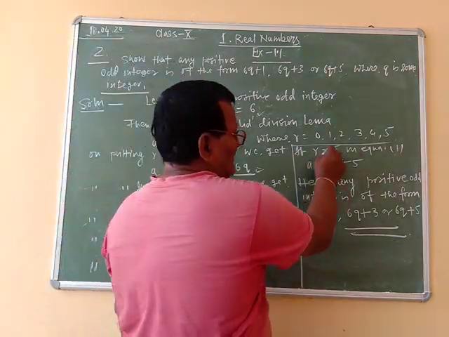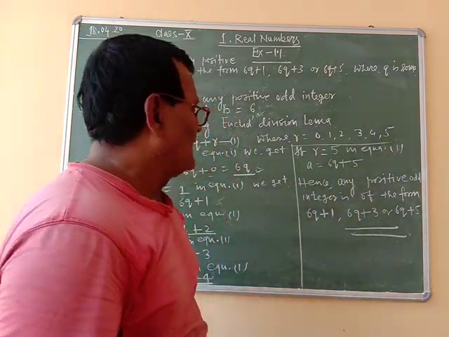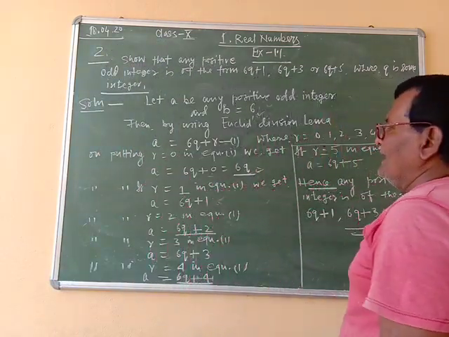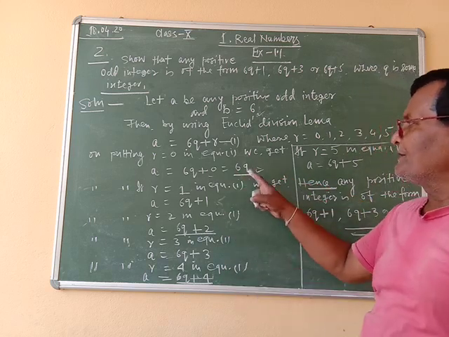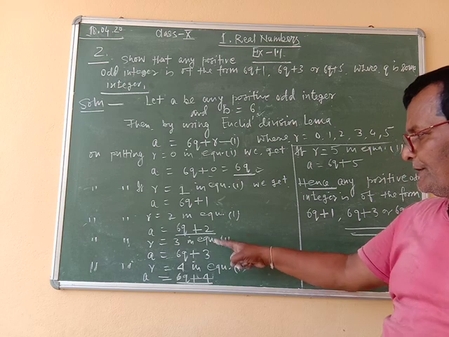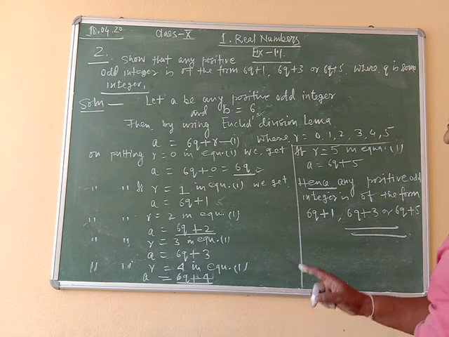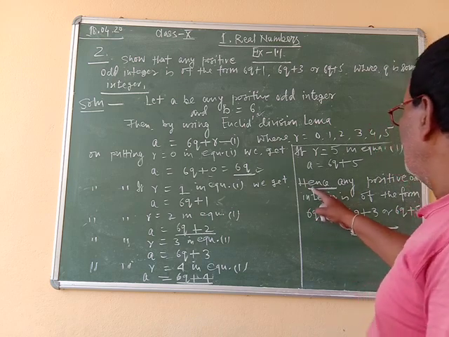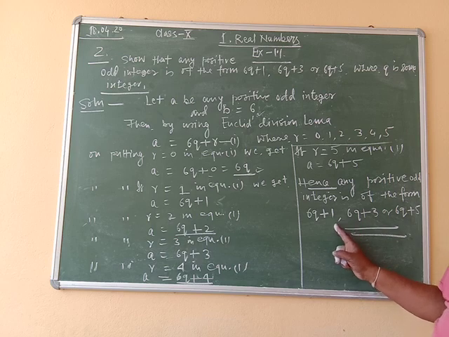And if r equal to 5, a equals 6q plus 5. Here 6q plus 2 and 6q plus 4 are even integers, so we reject these values. Hence, any positive odd integer is of the form 6q plus 1, 6q plus 3 or 6q plus 5.